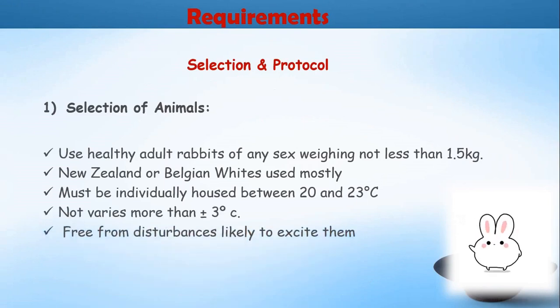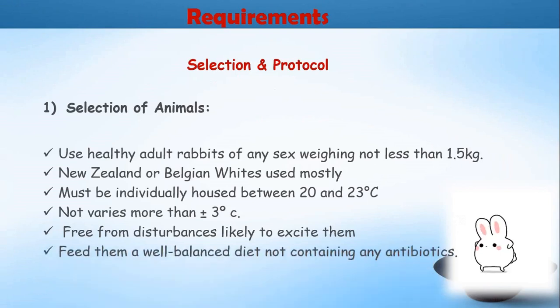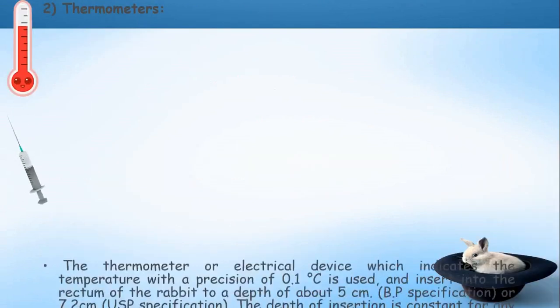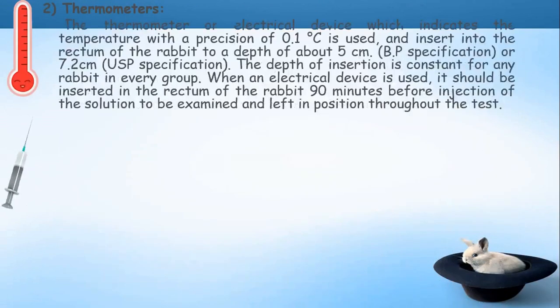Next one is, keep them free from disturbances. Feed them a well-balanced diet not containing any antibiotics. Next one is the thermometer. A thermometer or electrical device which indicates the temperature with a precision of 0.1 degrees Celsius is used and inserted into the rectum of the rabbit to a depth of about 5 cm or 7.2 cm.